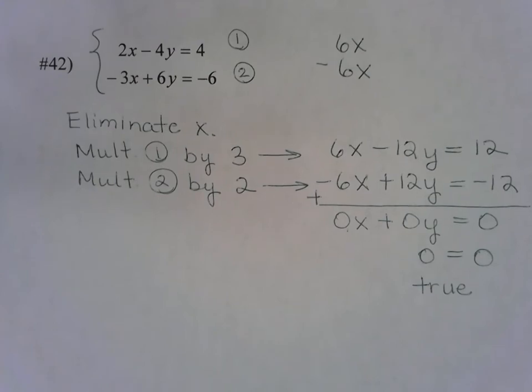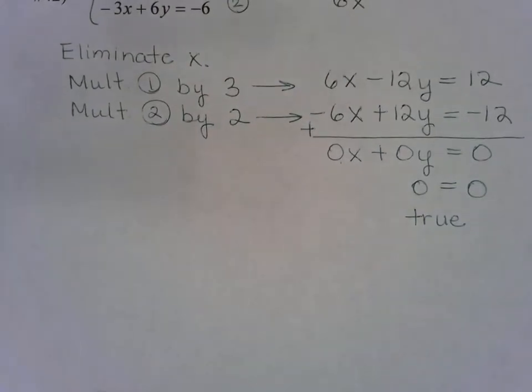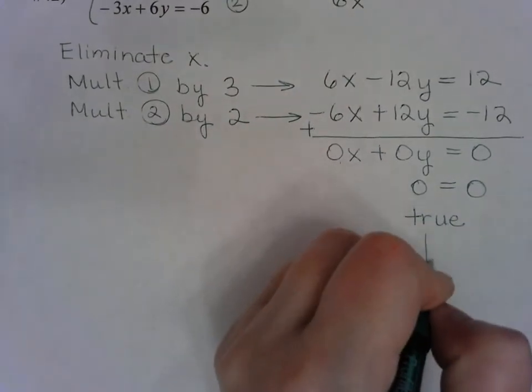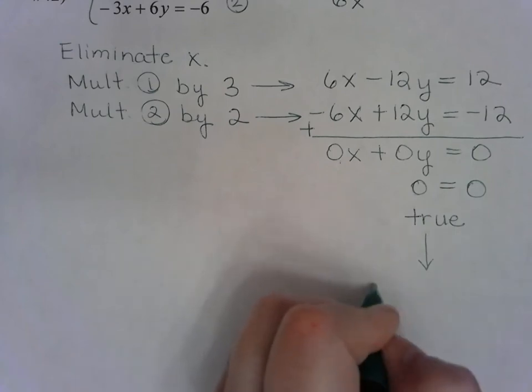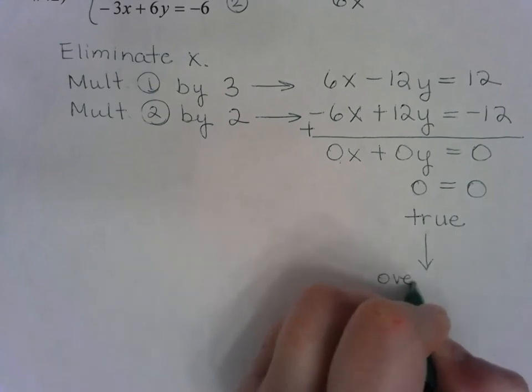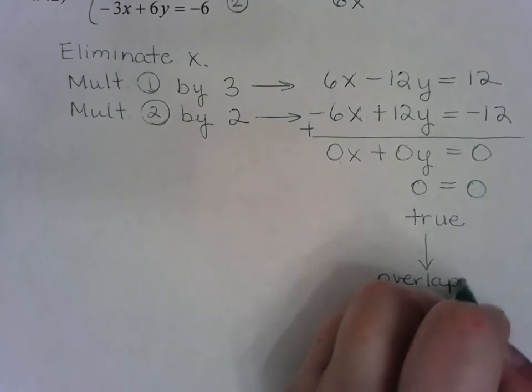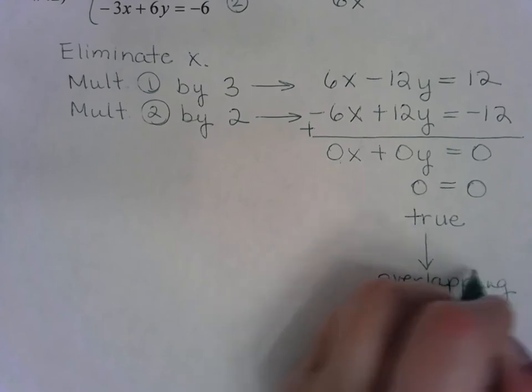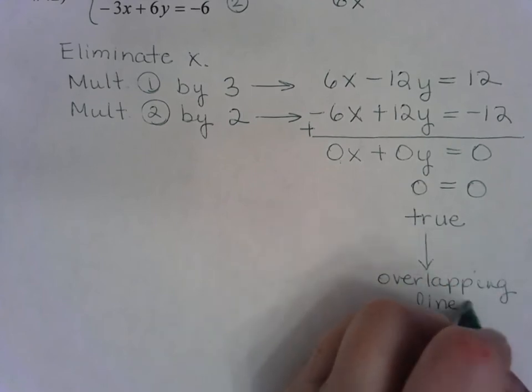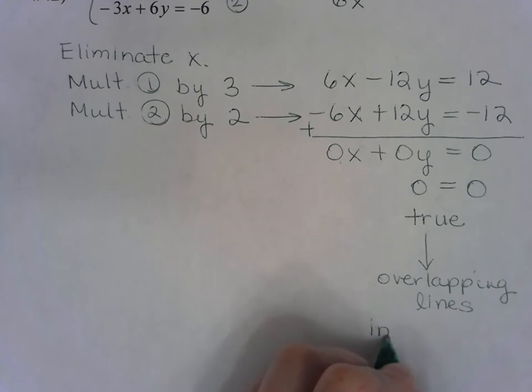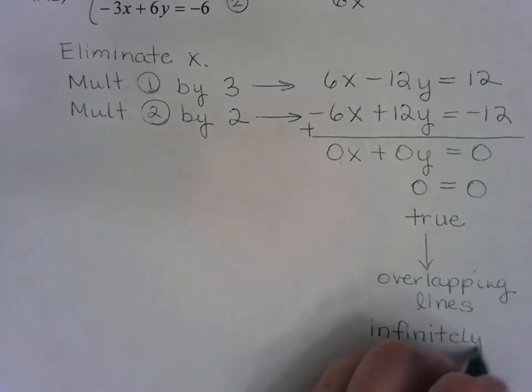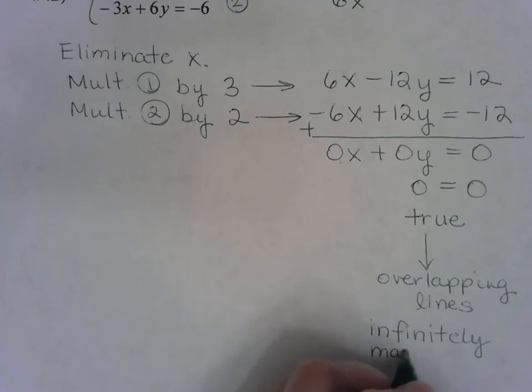So if it's true, then that is the case where we have overlapping lines. And we're going to say our answer is that we have infinitely many solutions.